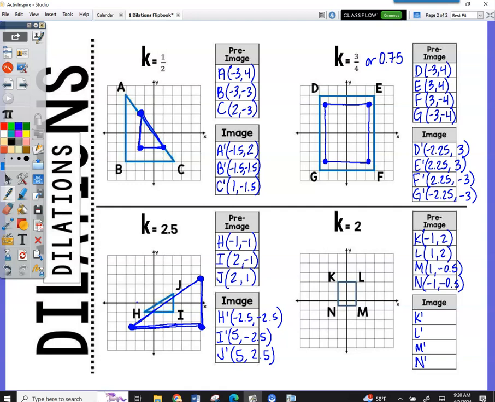So I double -1, 2, and I would get -2, 4. I would double 1, 2, and I would get 2, 4. If I double half, then I get 1. Oh, no, it's negative, so it'd be -1. And you should be able to graph that.